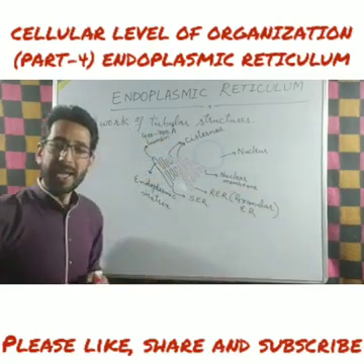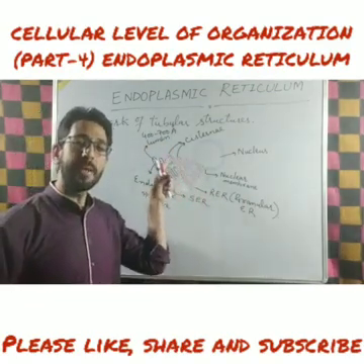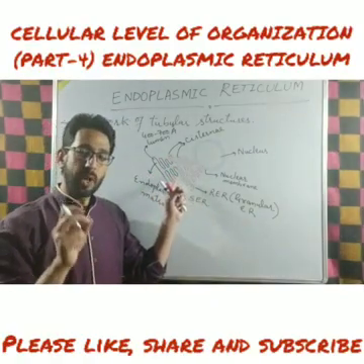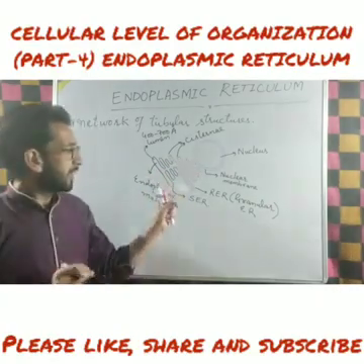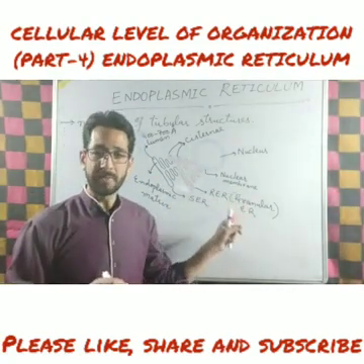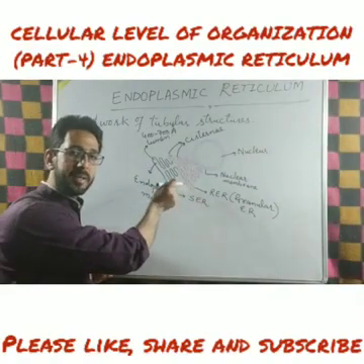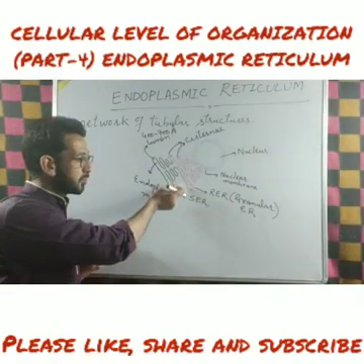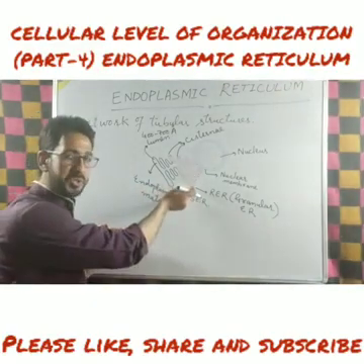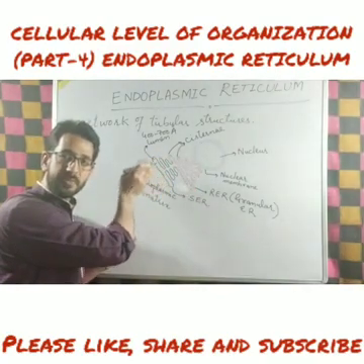Fine. So it is called rough endoplasmic reticulum because the surface is rough because of the presence of ribosomes on its surface, and these ribosomes are small granular structures. So this type of endoplasmic reticulum is also called granular endoplasmic reticulum. Fine. And then the second type is called the smooth endoplasmic reticulum, because there is an absence of these granular structures and the surface of such endoplasmic reticulum is very smooth.